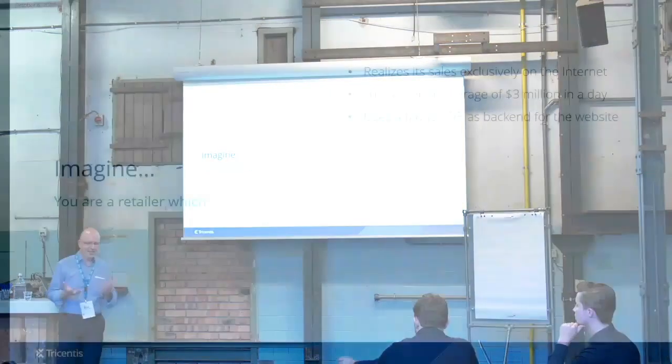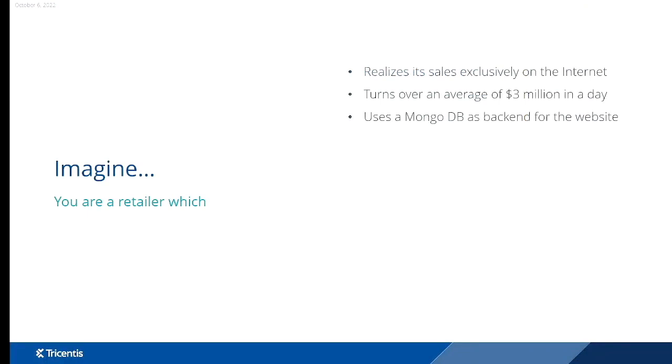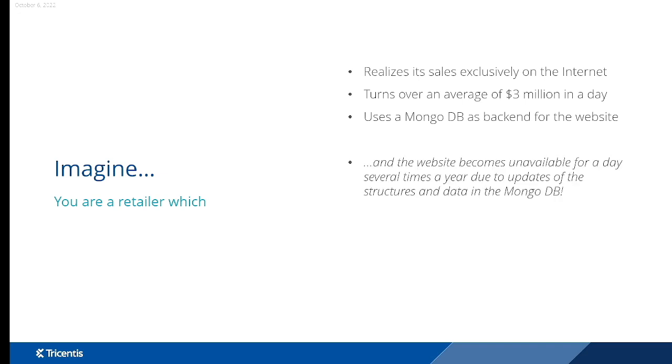For those of you who are a little bit familiar with Mongo, Mongo is a NoSQL database. You can essentially store everything you want in Mongo, so it's not just necessarily tables and columns as we know it from Oracle or SQL Server. Which has a lot of advantages, but which has the downside that the structure of these MongoDBs is easy to break. And exactly that happens to them.